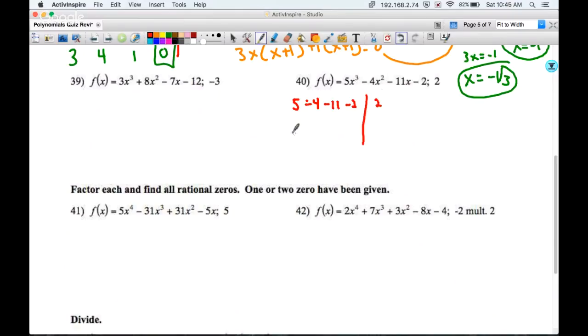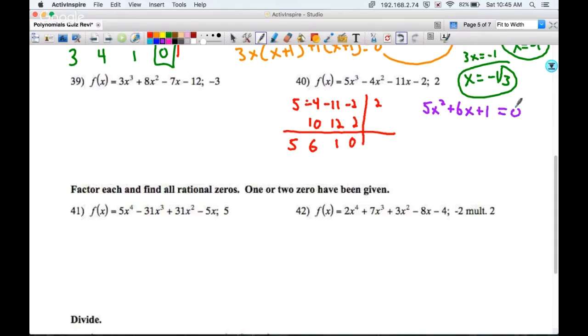Our known root is 2, 5, 10, 6, 12, 1, 2, 0. This gives us the quadratic 5x squared plus 6x plus 1.